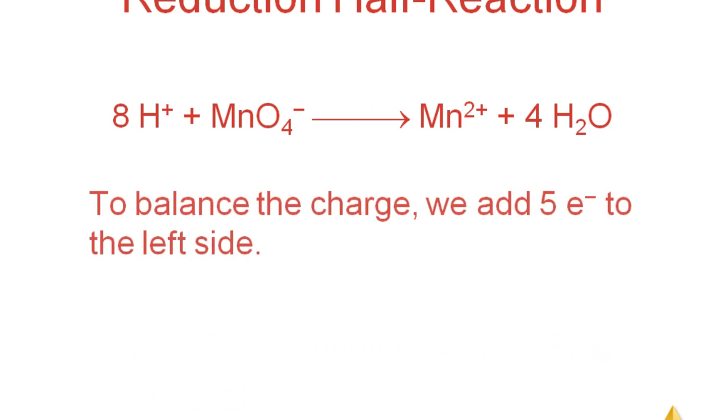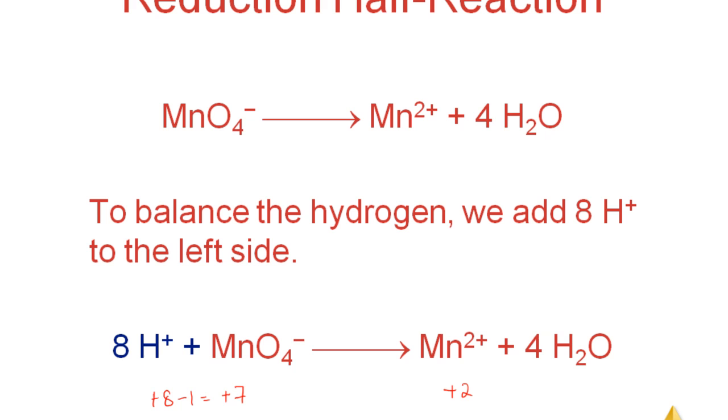Okay. So your goal is, how can I make both sides +2? How can you make both sides +2? Add 5 electrons to the left side, right?